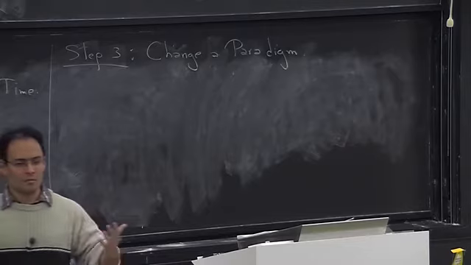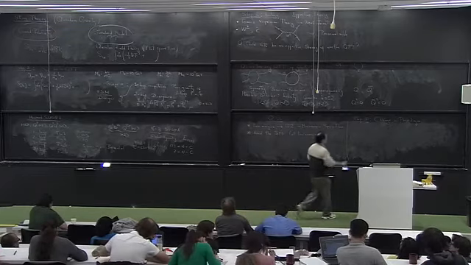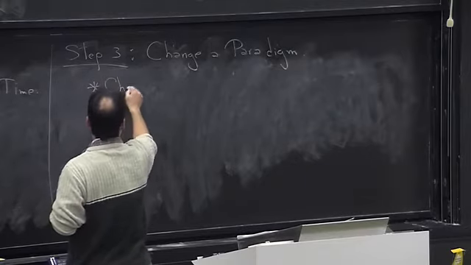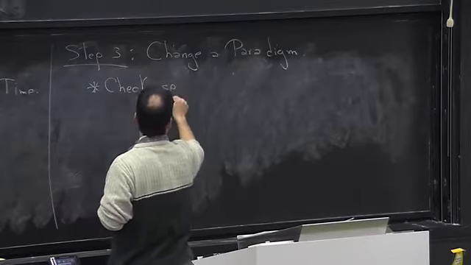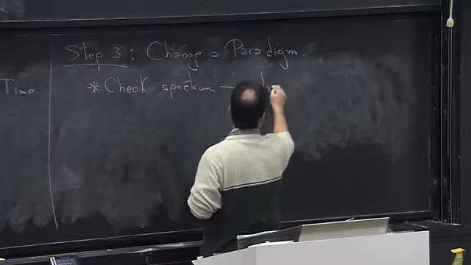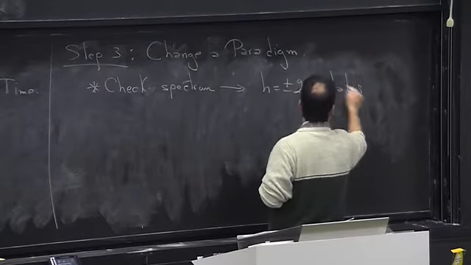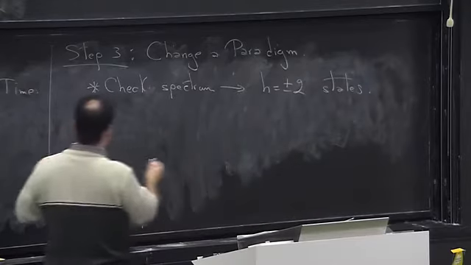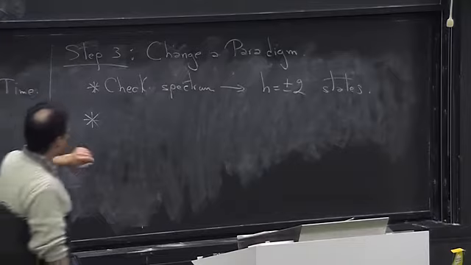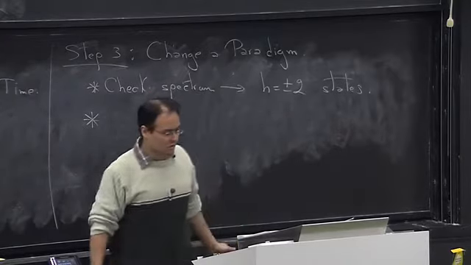I have to make something dramatic in order to change the situation. But whatever thing we do, we have to check the spectrum and find our helicity plus minus 2 states. Otherwise, we're not even talking about gravity. So every time you do something crazy, you have to check that you're going to produce these states. Otherwise, you're not talking about gravity.